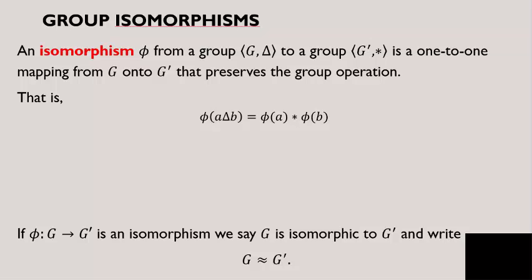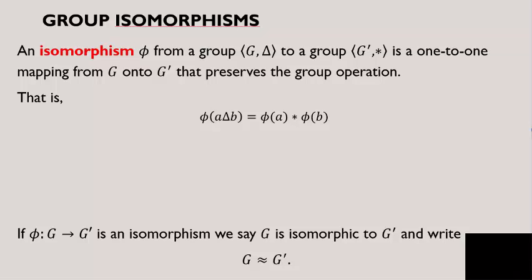An isomorphism phi from a group G with operation delta to a group G prime, operation star, is a one-to-one mapping from G onto G prime that preserves the group operation.